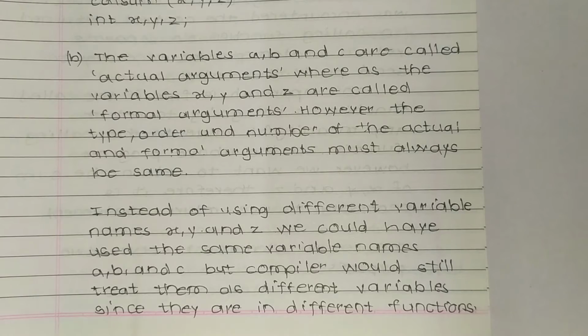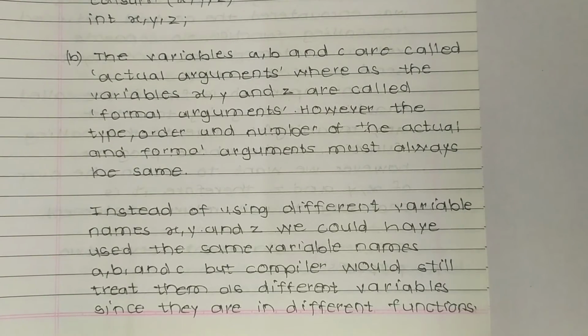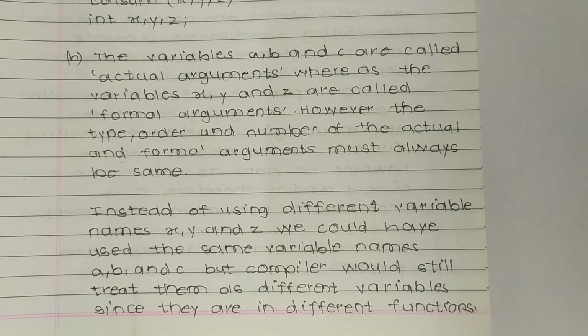That is why we could have used the same variable names a, b, and c, but the compiler would still treat them as different variables since they are in different functions. a, b, and c were in function main, but x, y, and z are in function calsum.